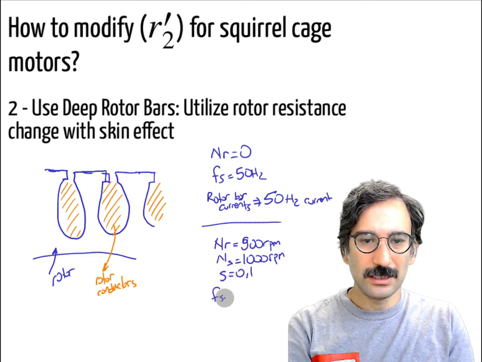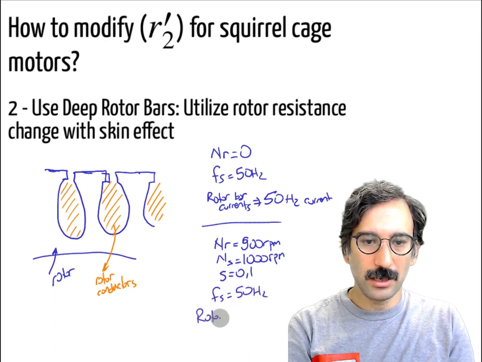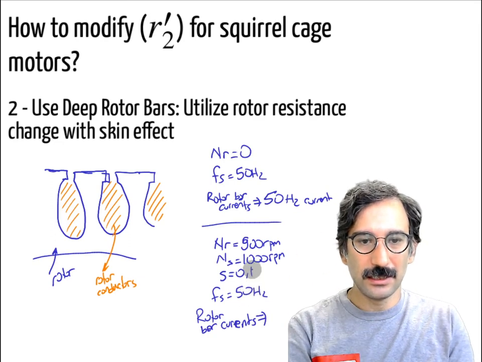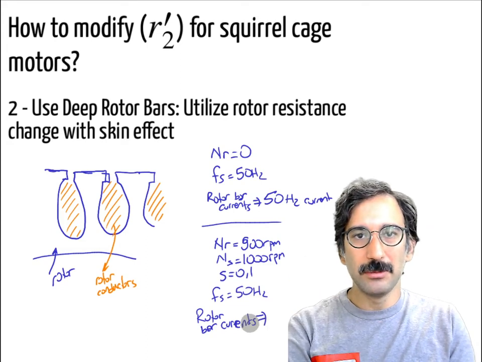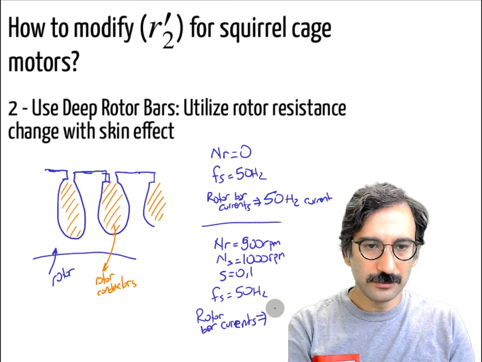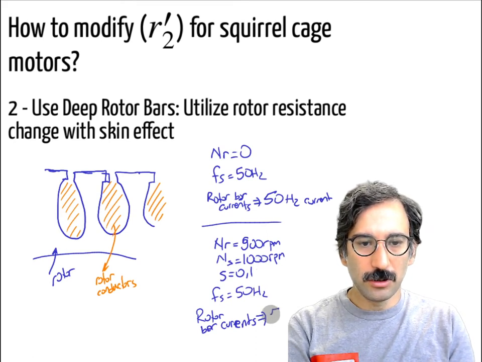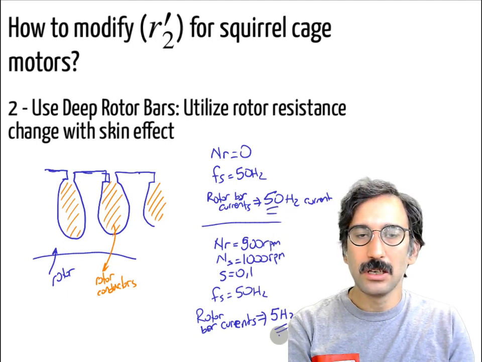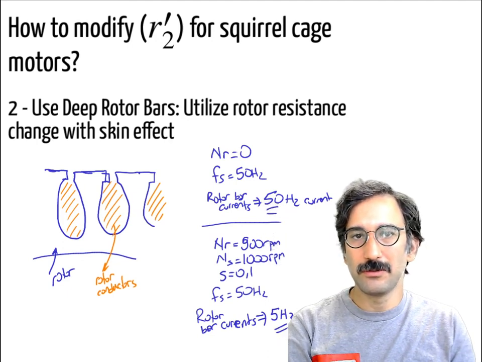So Fs is still 50 Hertz, but in this case the rotor bar currents, with slip of just 10%, the motor itself will be rotating at 45 Hertz. So the rotor bar currents will be 5 Hertz, compared to 50 Hertz, so now it dropped to 5 Hertz.